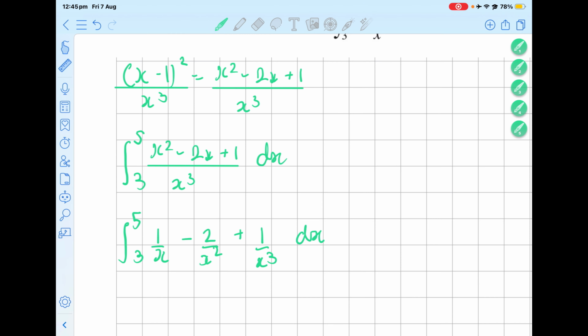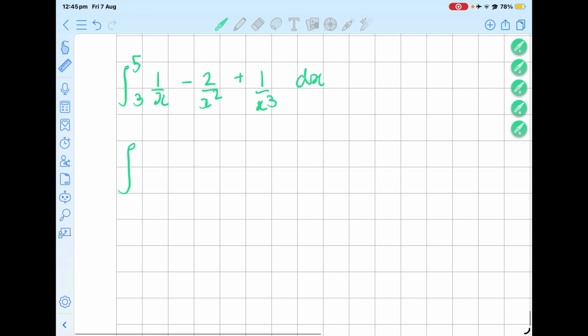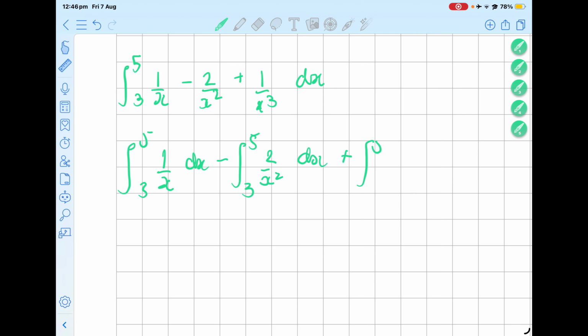So what you want to do is break this into parts. So I can write that as the integral from 3 to 5 of 1 over x dx, then the integral from 3 to 5 of, you know what, I'll just take the minus outside, minus 2 over x squared dx, and then plus the integral from 3 to 5 of 1 over x cubed dx.